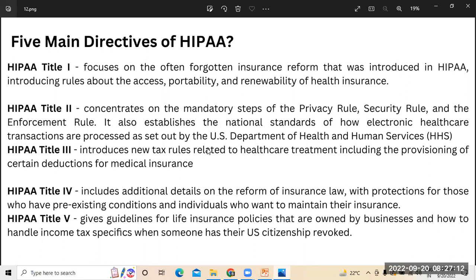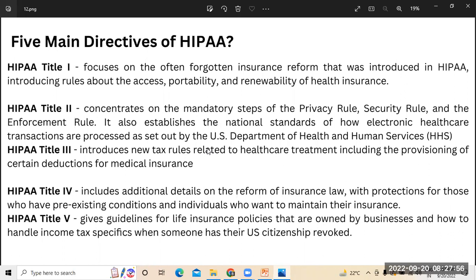Those reforms, through HIPAA, introduce rules about accessibility, portability, and renewability of health insurance, because these reforms, rules, and regulations we prepare will change from time to time. Of course, protection of health information as well as records are the primary aspects under HIPAA, but the standard rules remain constant, as I mentioned.